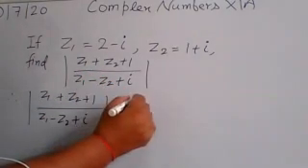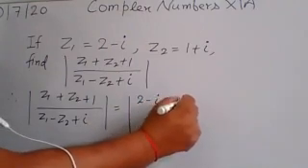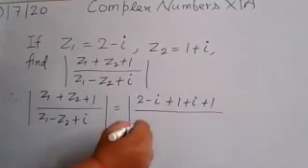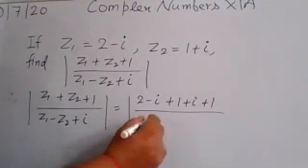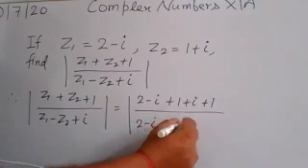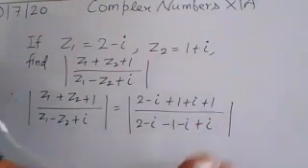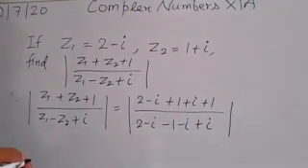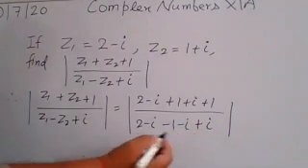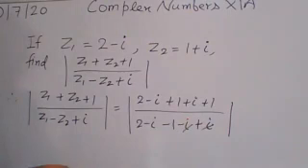So the value of Z1 is 2 minus i plus Z2, 1 plus i, plus 1, whole divided by 2 minus i minus Z2, so you write 1 minus i, plus i. Here you see that i and i cancel out.